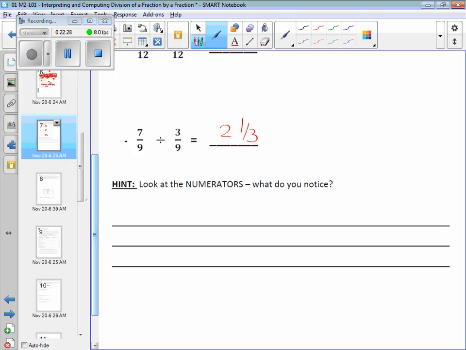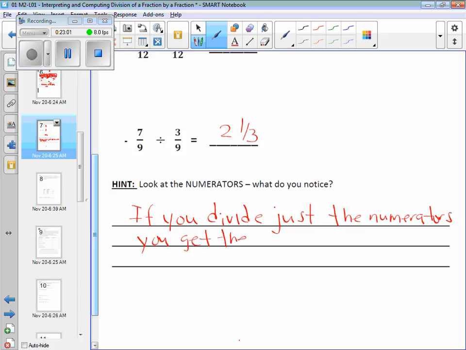I forget what's on future pages. But what do we notice? When you look at the numerators, what do you know? If you divide just the numerators, you get the answer.